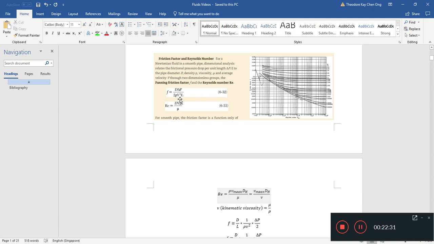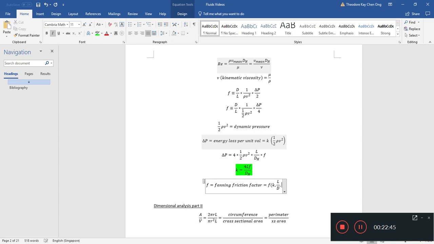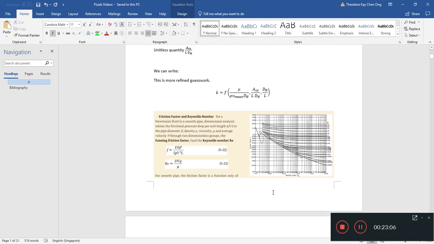So Fanning friction factor is just people grouping k, L by D, and then delta P over half rho V squared together. That's nothing more than that. It's just combining these terms to find a dimensionless quantity, a ratio, so to speak. People plot this ratio against the Reynolds number, and they found experimentally that this works beautifully for pipes.